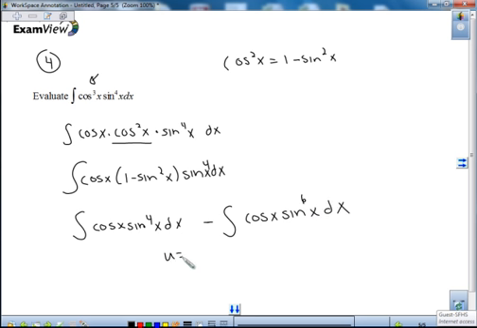We're going to let u be sine of x for both of them. Therefore du is cosine of x dx, or du over cosine of x is equal to dx.